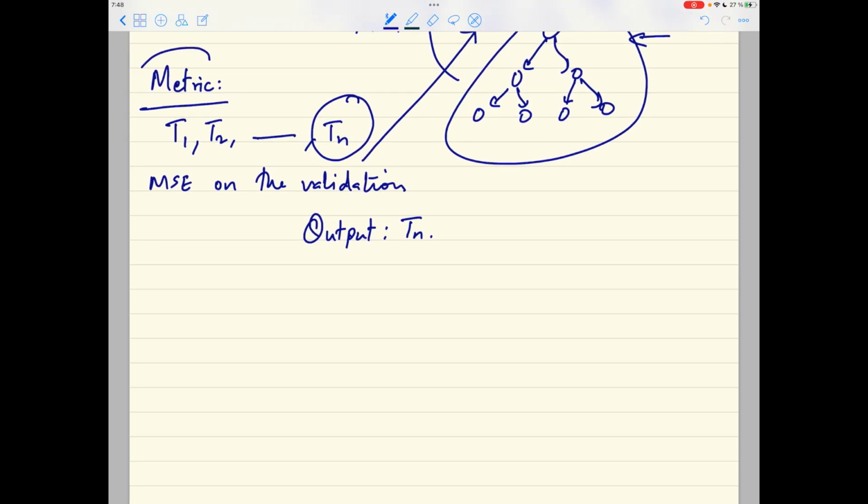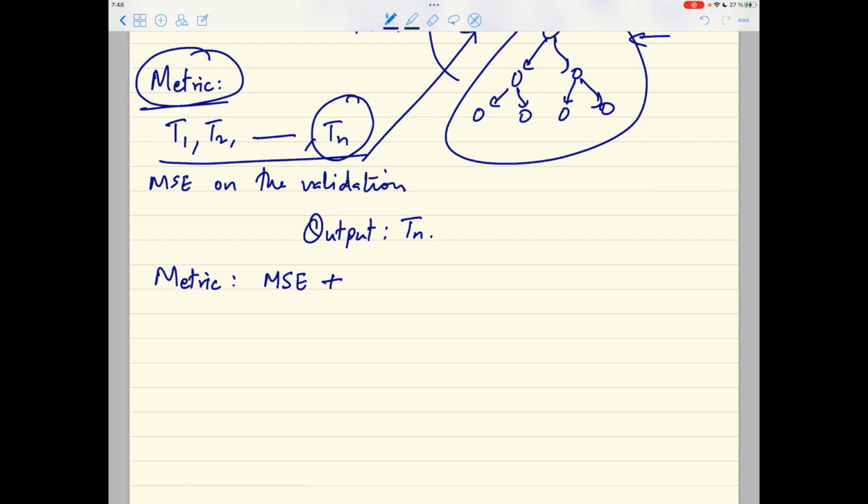So now let's go back to this metric that I discussed earlier. How does this metric look, and how do we actually define these different subtrees? The metric has 2 parts. One is the mean squared error, which is computed on the training data set, plus a penalty term that penalizes the complexity of the tree.